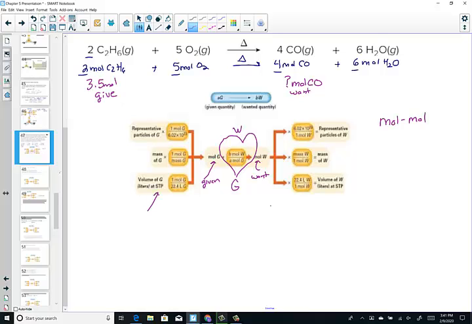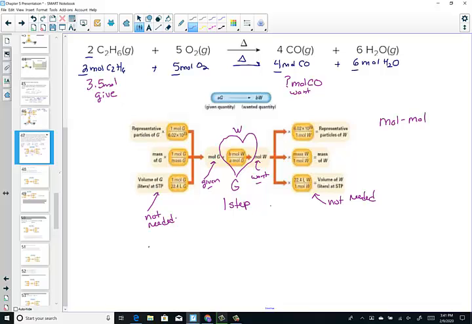I wasn't given grams or particles or volume, and I only want to go as far as the mole, so I don't need the third step. It's just the heart of the problem, the want over given. So we're not needing the first step or the third step in our 3-step problem because we're not asked to go out that far. Given a mole, calculate a mole. It's a 1-step heart of the problem stoichiometry.